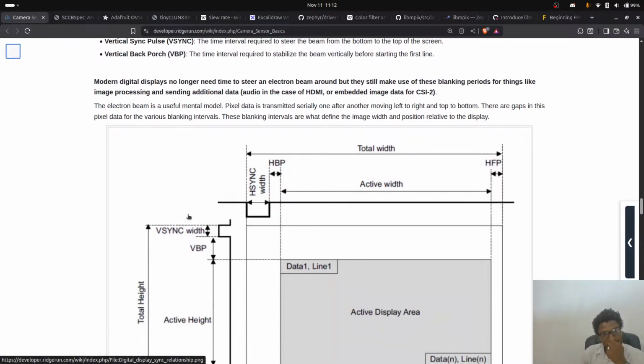Okay, cool. So, modern digital displays, as I was saying, because we use address spaces, modern digital displays no longer need time to steer an electron beam around, but they still make use of these blanking periods for things like image processing, sending additional data, audio in the case of HDMI, or embedded image data, things like CSI2.